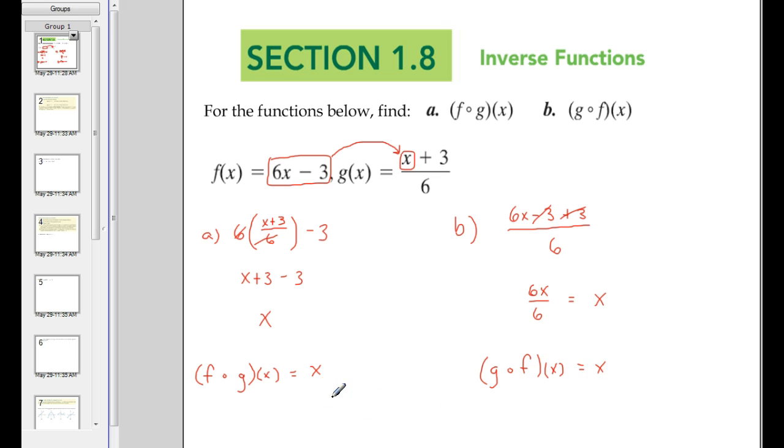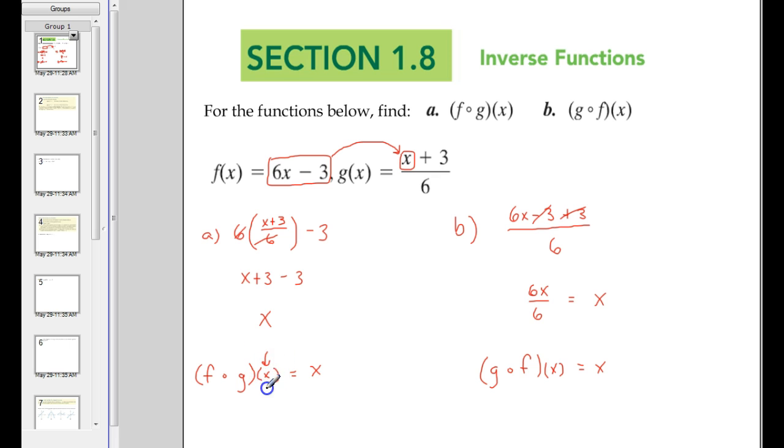So remember what I said in the last section, that if they are the same, it's a special case. This is one of those special cases. They're both giving the same output, which they typically don't. But they do here, and they're both giving x. So look what's going on. x is the input.